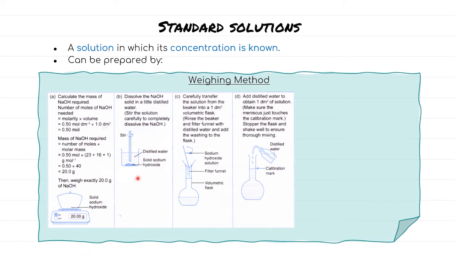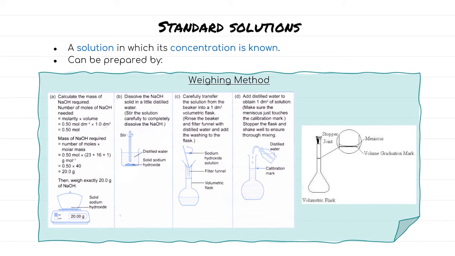Make sure it is dissolved completely with no residue, and then carefully transfer the solution into a volumetric flask and add distilled water until it reaches the calibration mark. Make sure our eyes are perpendicular to the graduation mark, and this is the meniscus.